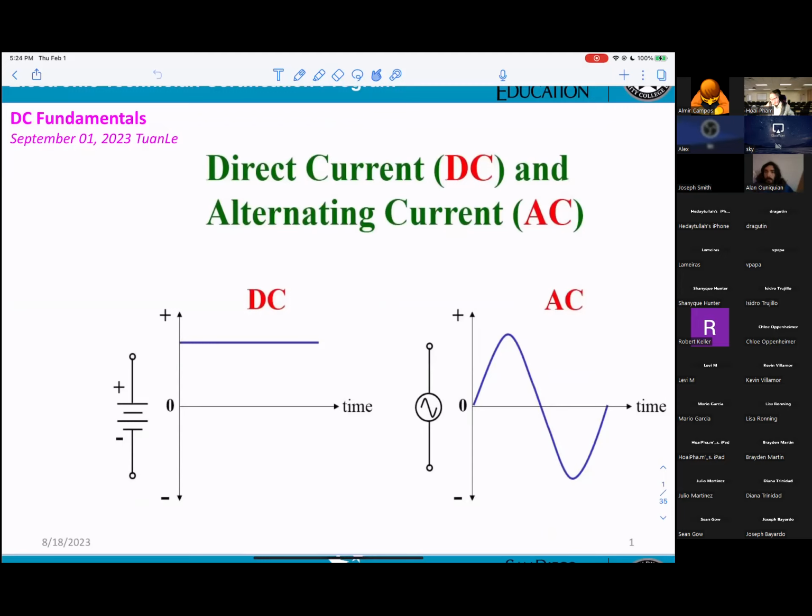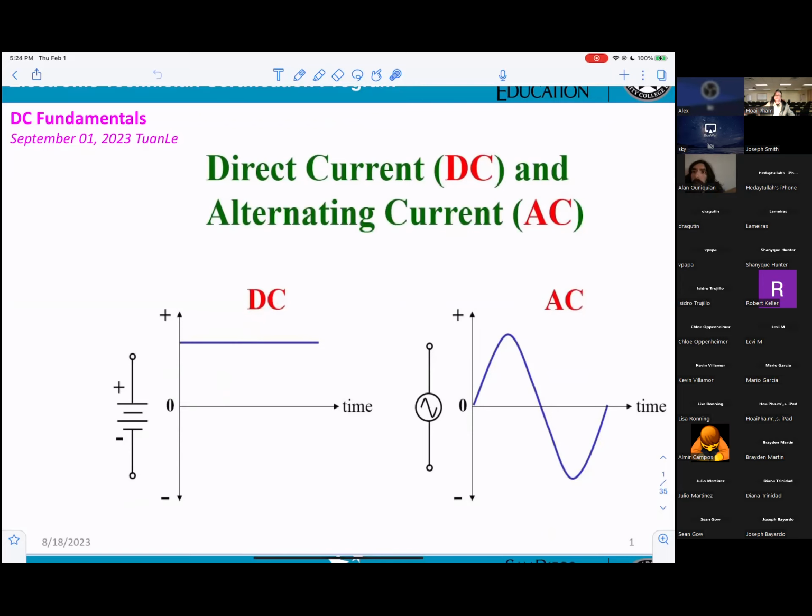If you're looking at the DC here, where do you get the DC? A battery. Where do you get DC? In the positive? Yeah, in the positive, but where you can see the car battery.